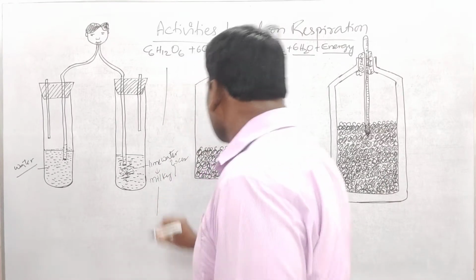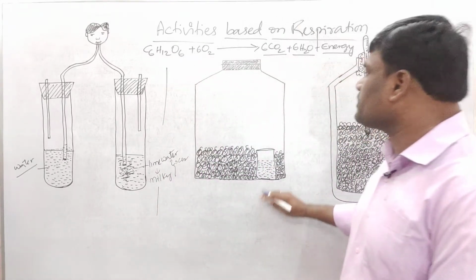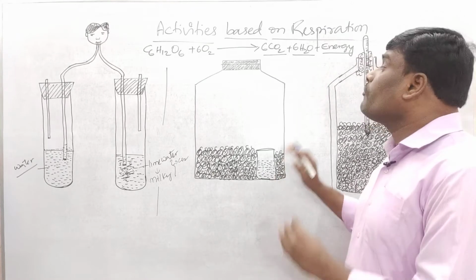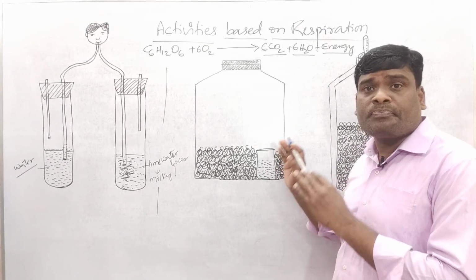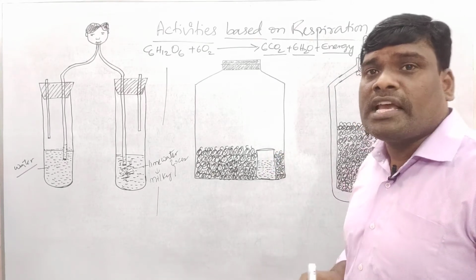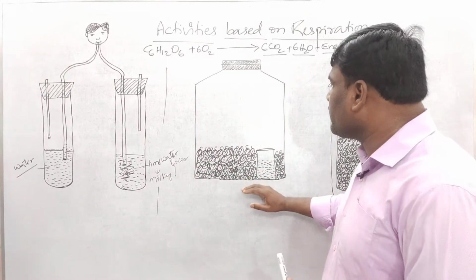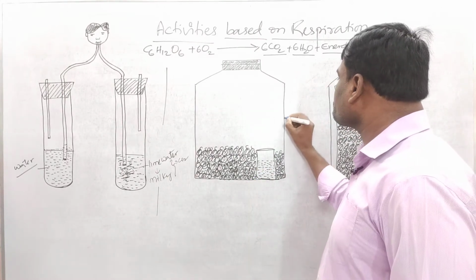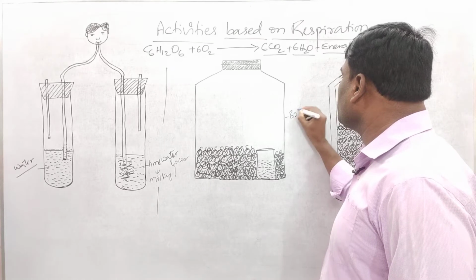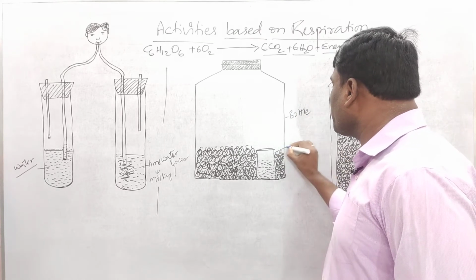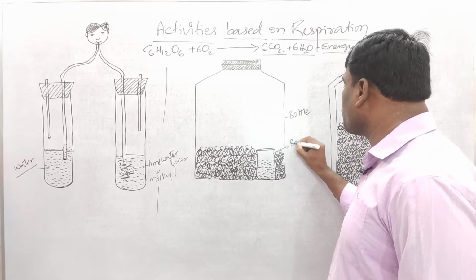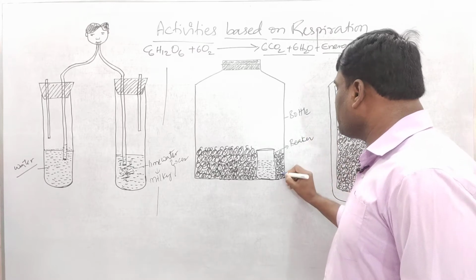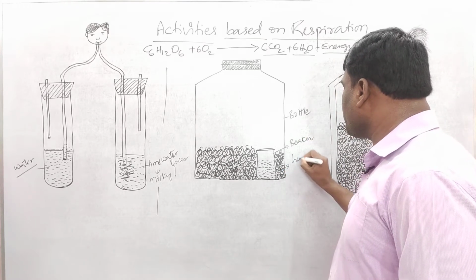Okay, and next we come to the second activity, children. See, in this activity, what are the materials required? For this activity we require one bottle and another one, a small beaker, and we need germinating seeds.